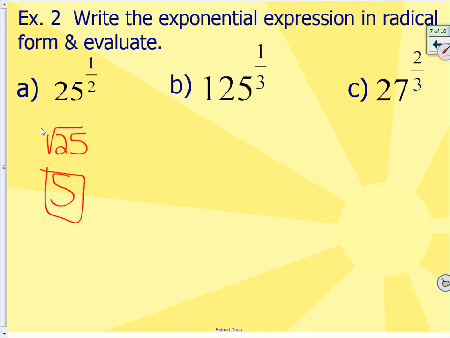For me, it's much easier to evaluate when it's in radical form, because I'm asking what number do I square to get 25, and then I get 5. How about rewriting the next one? Go ahead, DJ. It's cube root of 125, which is 5. Yeah, because 5 cubed is 125.